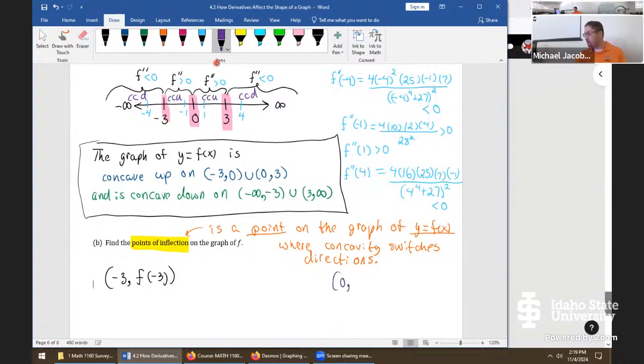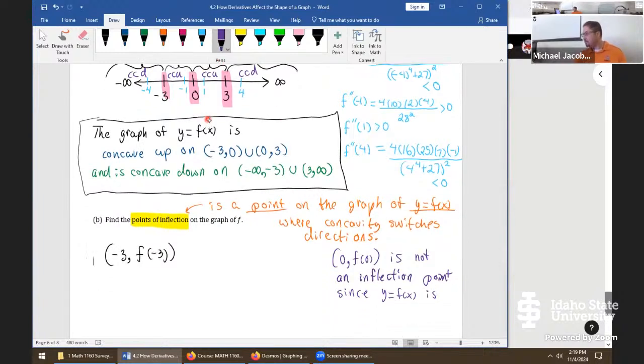Let's say it this way: 0, f of 0 is not an inflection point, since y equals f of x is concave up to the left and right of x equals 0. In other words, there was no switch of concavity when x was 0 up here on our sign chart above.